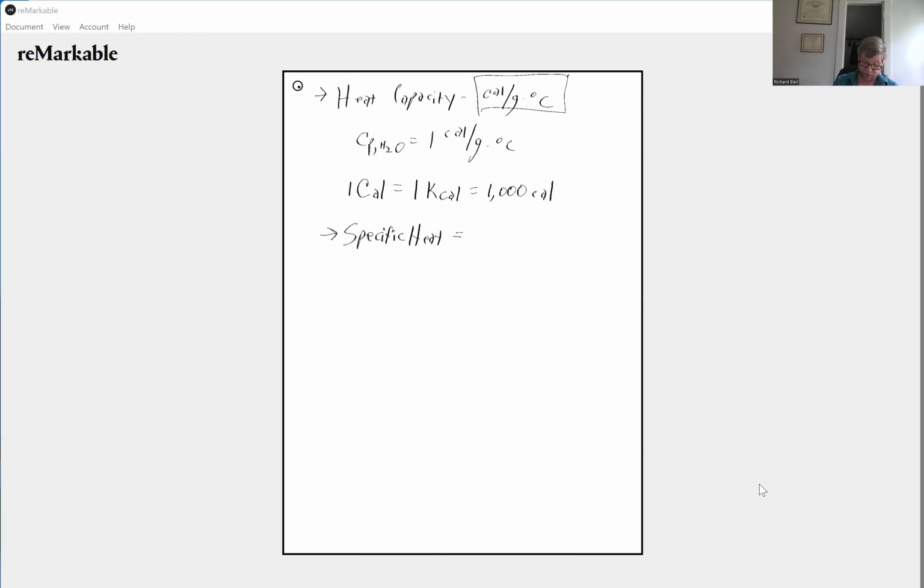So aluminum, according to Google, is 0. Different units.